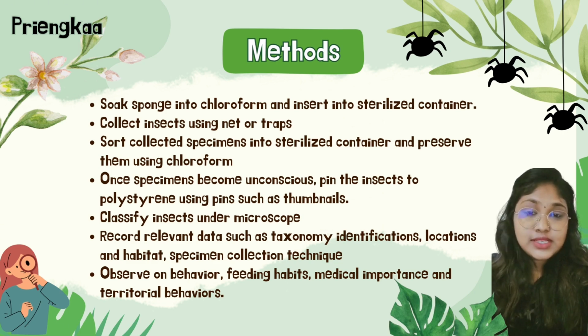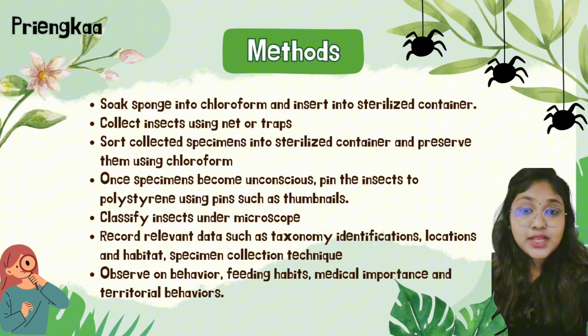Collect insects using nets or traps. Sort collected specimens into the sterilized container and preserve them using chloroform. Once specimens become unconscious, pin the insects to polystyrene using pins such as thumbtacks or staplers. Classify the insects under a microscope.